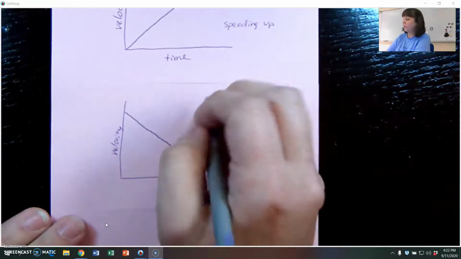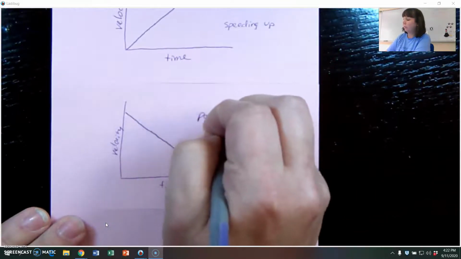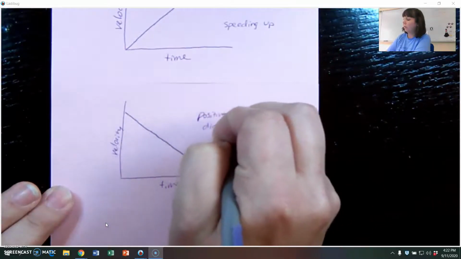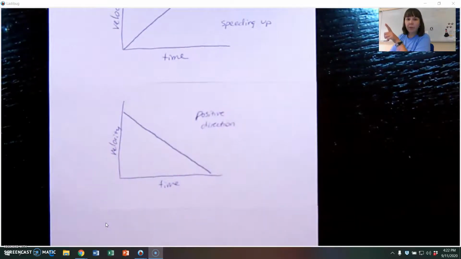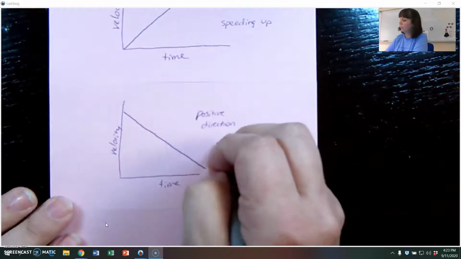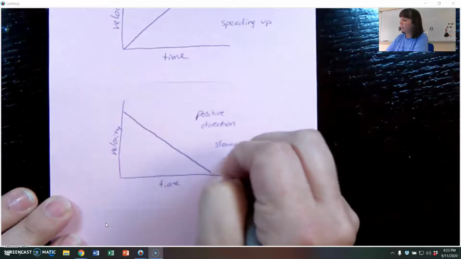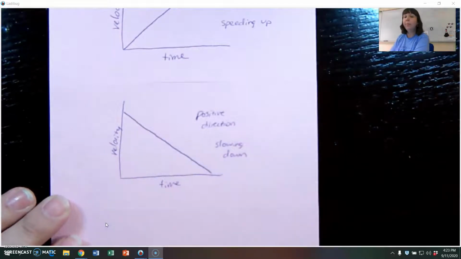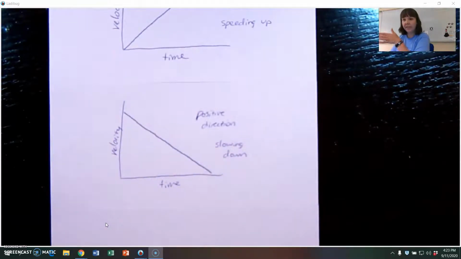So we're still going forwards, but we're going forwards with less and less speed. So we're slowing down. Okay, still a positive direction, but with less and less speed.